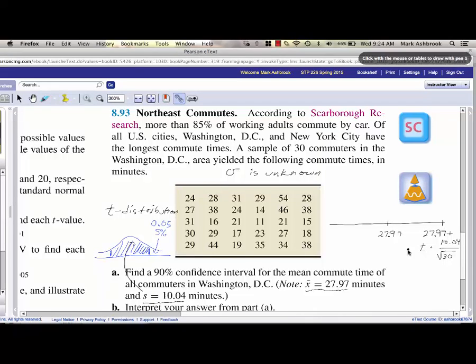So the upper bound on our confidence interval will be 27.97 plus 1.699 times 10.04 all over square root of 30.